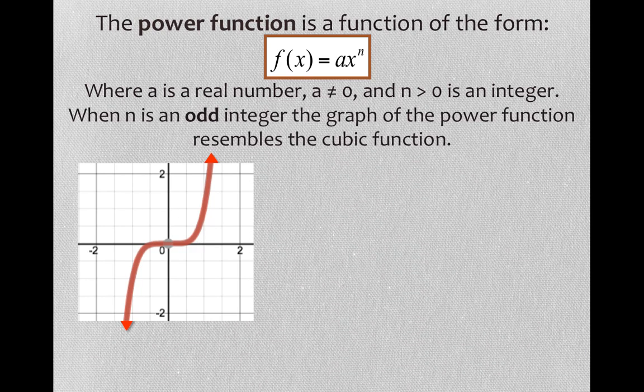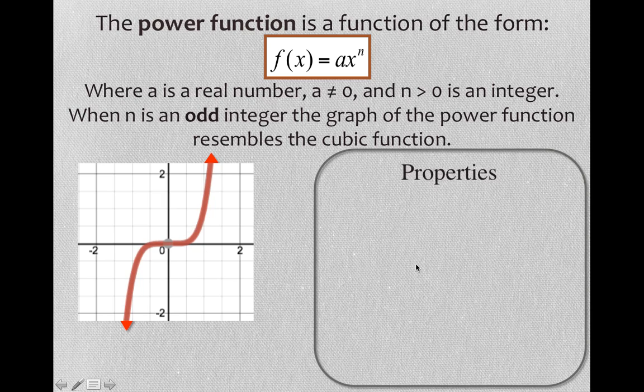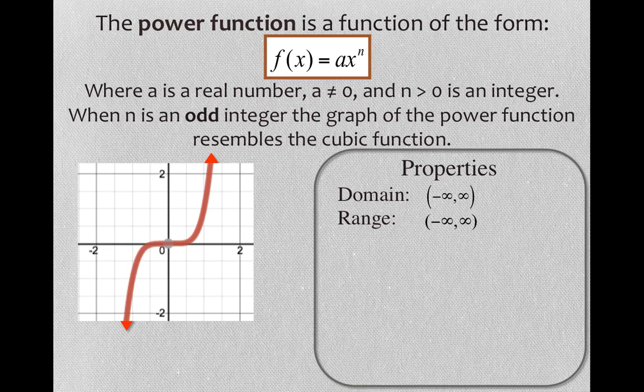The power function where n is an odd integer, if this number is odd, then the power function will resemble the cubic function, the S shape. It will still have the same properties as the cubic function. The domain is all real numbers. The range is all real numbers.